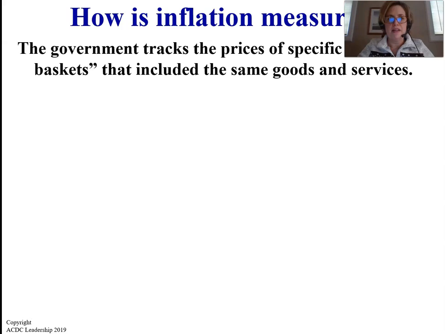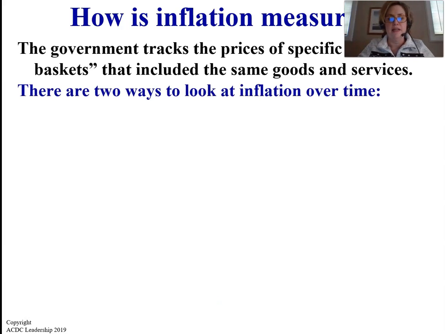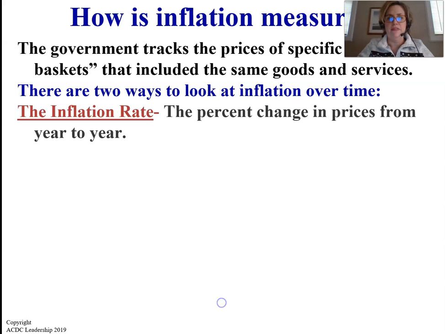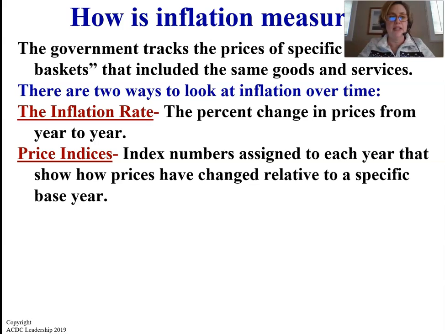How do we measure inflation? The government tracks the prices of specific market baskets that include the same goods and services. There's two ways that we can look at inflation over time. You can look at the inflation rate, that is the percent change in prices from one year to the next, or you can use a price index. These are index numbers that are assigned to each year that show how prices have changed relative to a specific base year.